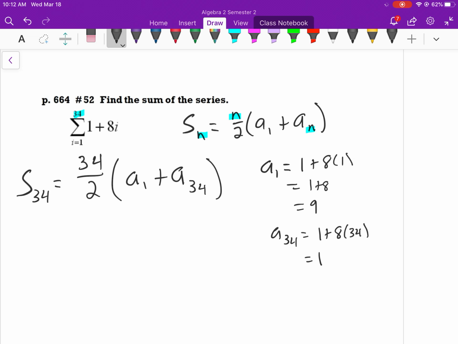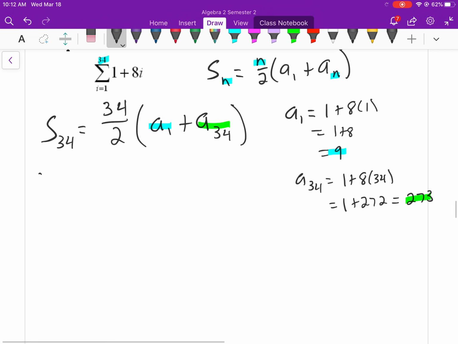So 1 plus 272, or 273. Now I'm taking these: 9 was the first term, and 273 was the 34th term, so I'm plugging those in.